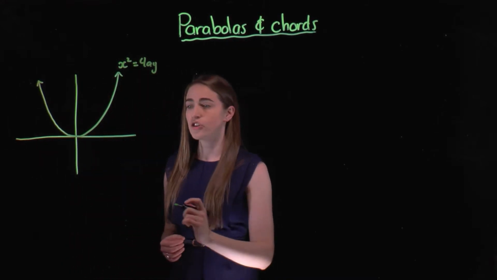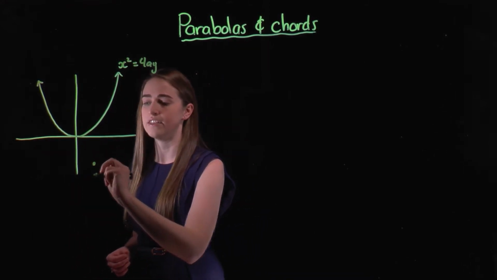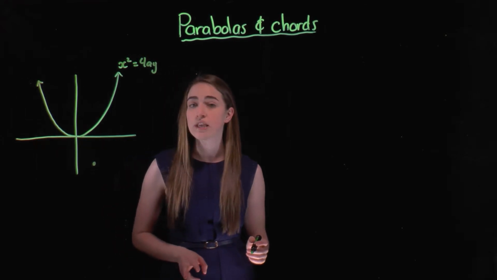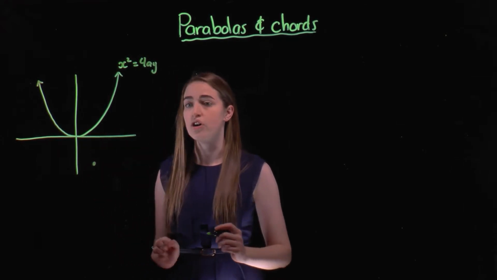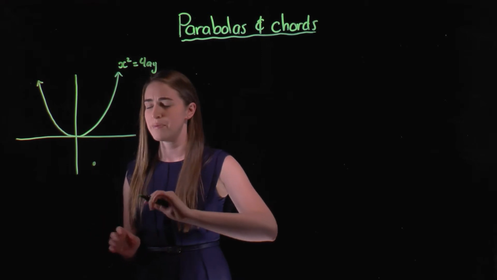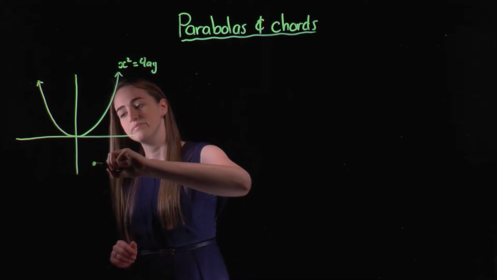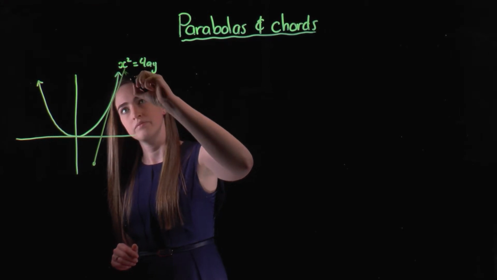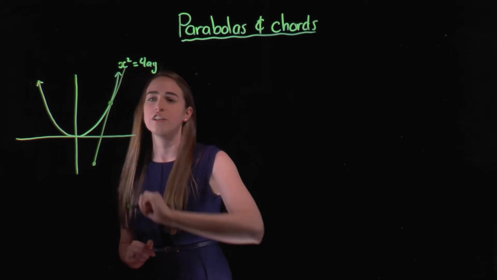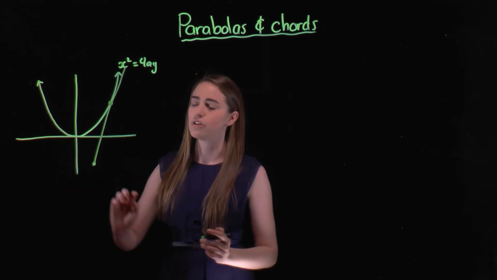If we pick an external point, for example, down here, we're going to draw 2 tangents from that point to the curve. So one of them is going to come up about here, and it's touching just there, and the other one is going to come off this direction.